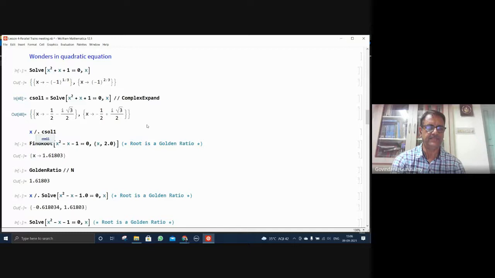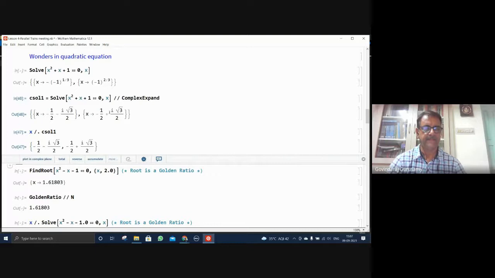If I do this statement now in Mathematica code, if I write like this and shift enter, it will remove this, because our x is being substituted, which is already available with this complex solution. Complex solution 1 is this, that is substituted back, and you would get this one.